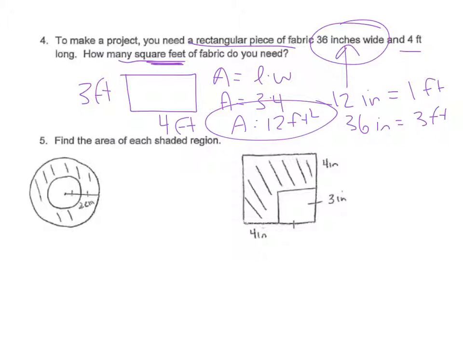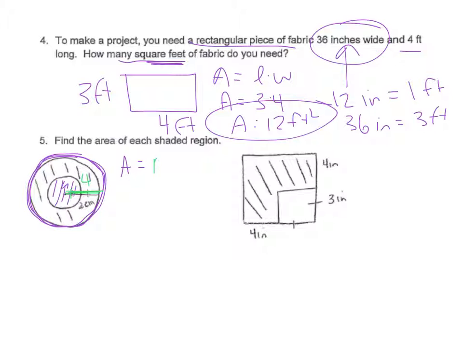Number 5, to find the area of the shaded region, you take the area of the entire object and you subtract the inside. Okay, in order to get the shaded part, we want to take the area of the outside and subtract the area of the inside. So the area of the outside is a circle with a radius that's 4, since this was a tick and this is a tick.